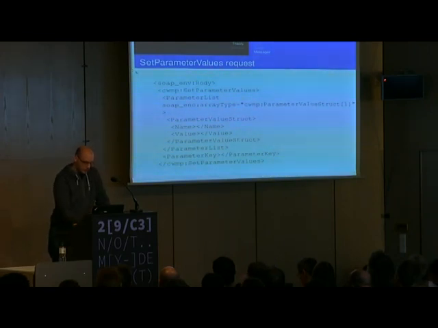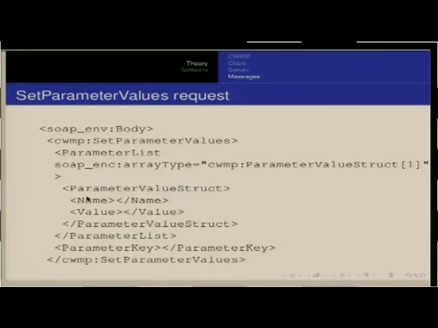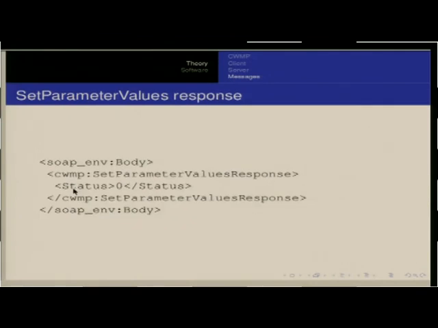Basically, you just put in this area the name of the parameter and then the value that you want to change, and you can also put here as many parameters as you want, but all the parameters must be set. I mean, this must be atomic. Either all of them are set or none of them is.